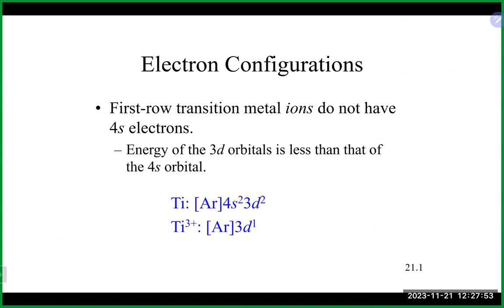So again here, when we do lose electrons in transition metals, they will lose the s electrons. So if we look at something like iron, which is 26 there, I think. It is 1s2, 2s2, 2p6, 3s2, 3p6, 4s2, and 3d6 in this case.